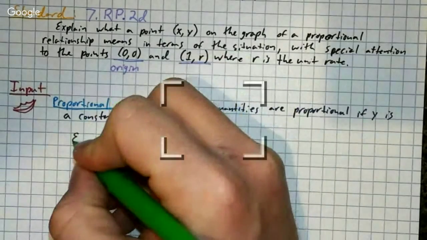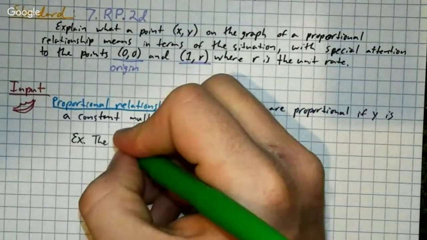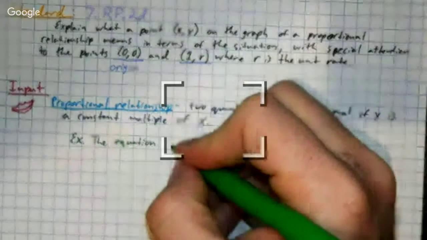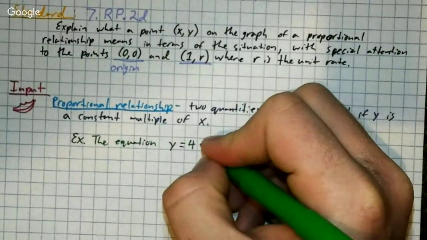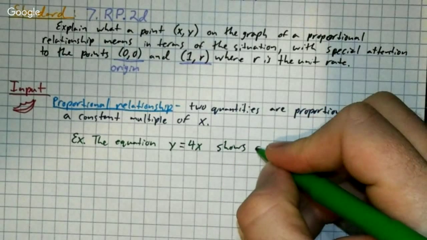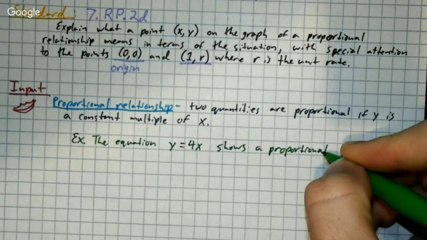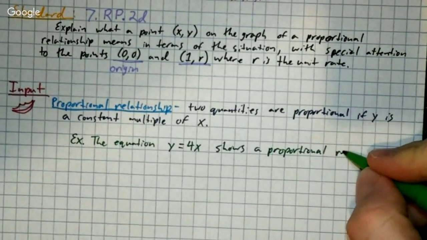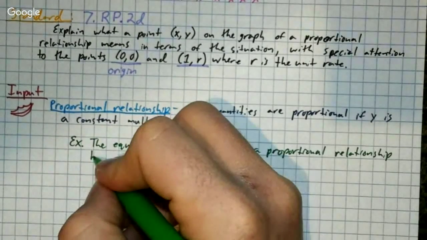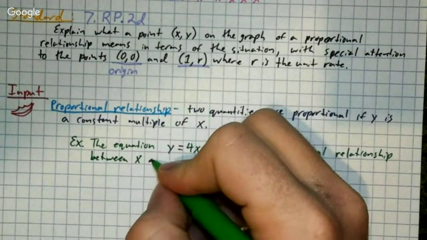An example would be that the equation y equals 4x shows a proportional relationship between x and y.